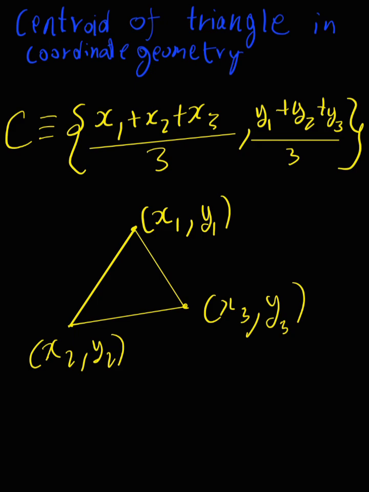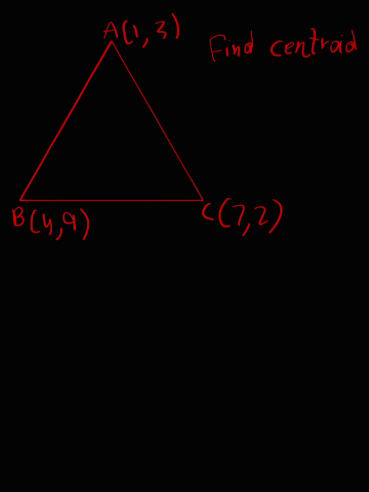Okay, these pointy little things are known as vertices of a triangle. Now, to find the coordinates of the centroid, this is the formula we will apply. So let us look at some questions to solve and further deepen our understanding and practice this formula. So now this is a graphical question.